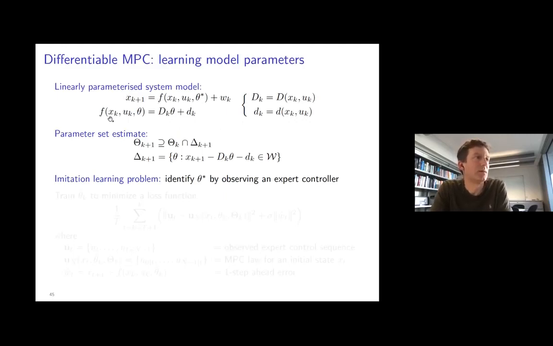Okay, so an application of this to an imitation learning problem. Suppose we have a system model which is linearly parameterized in our unknown parameter vector theta star.